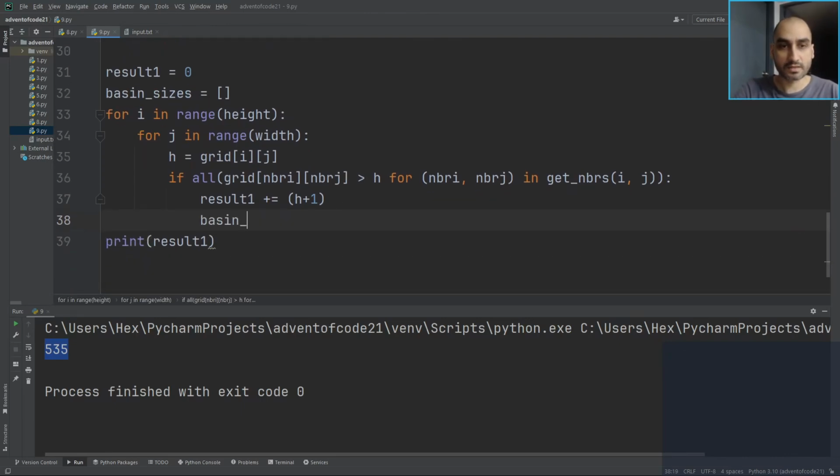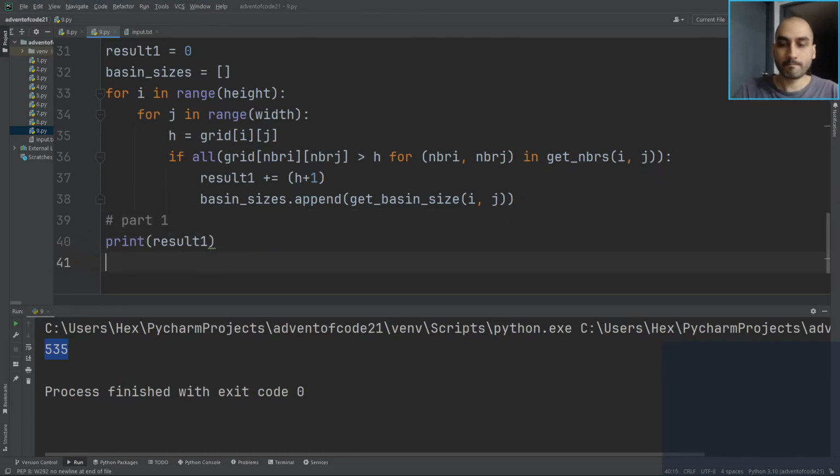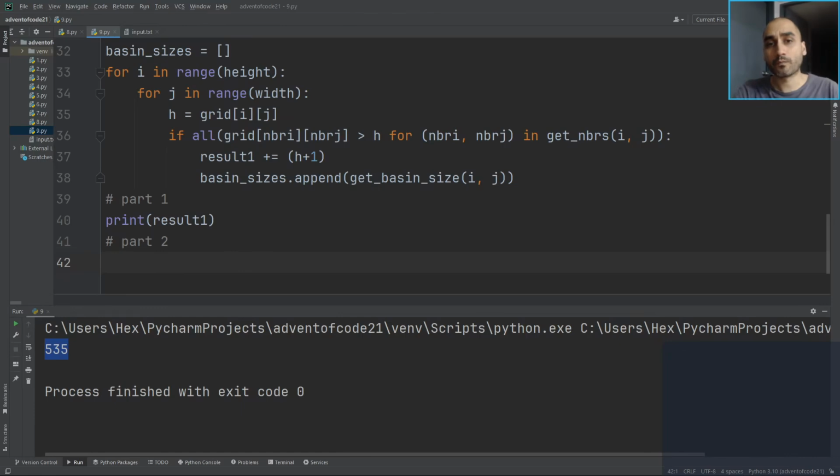We just want to do basin sizes dot append get basin size neighbor I neighbor J. And then basin sizes dot sort, reversed.